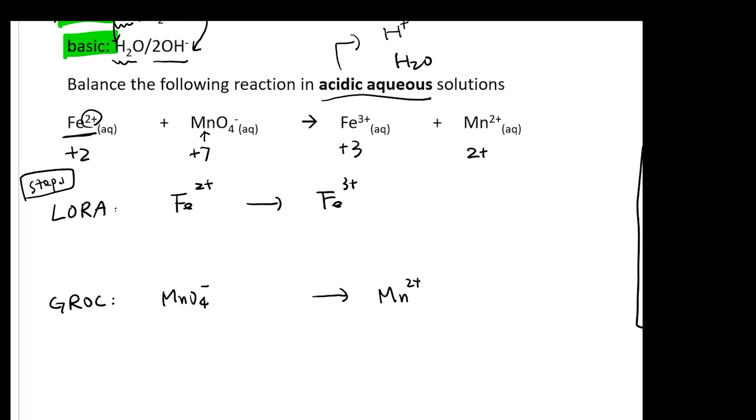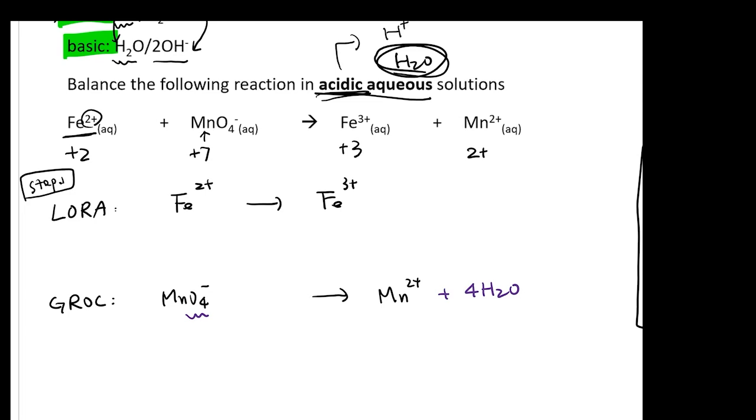How about your GER? It's not balanced yet. You have more oxygens on the left. So you need to balance the oxygen. To balance the oxygen in the acidic solution, you add in H2O. How many H2O do you need to add in? 4 H2O, right? You have 4 oxygens here, so you need to add in 4 H2O on the right.